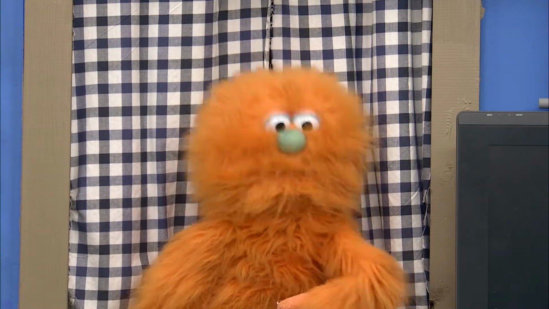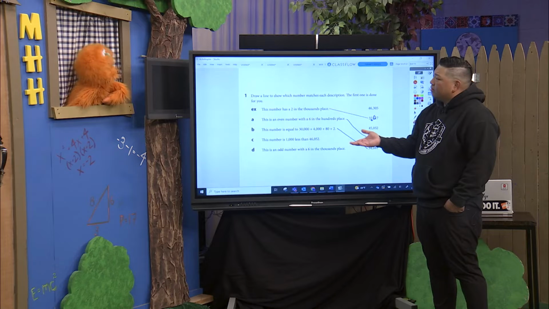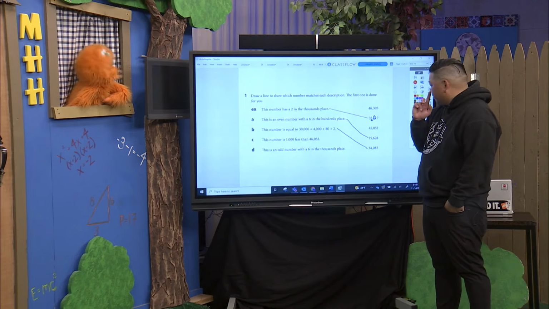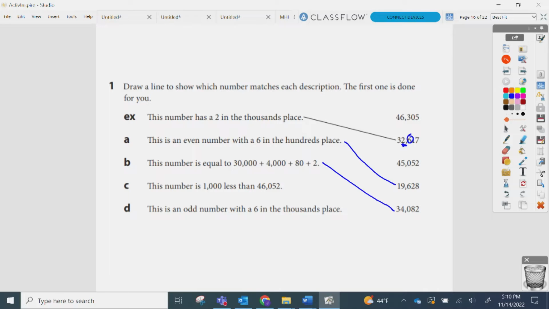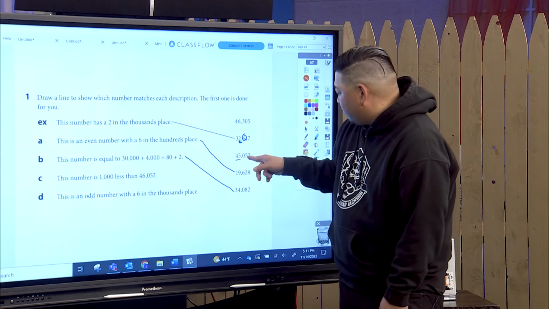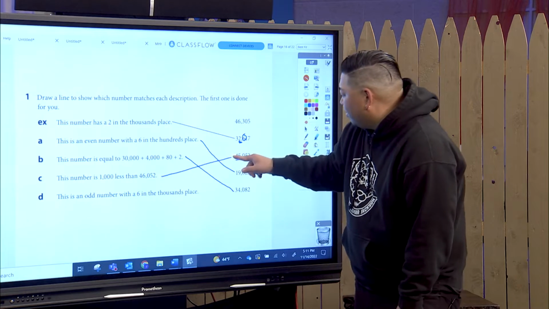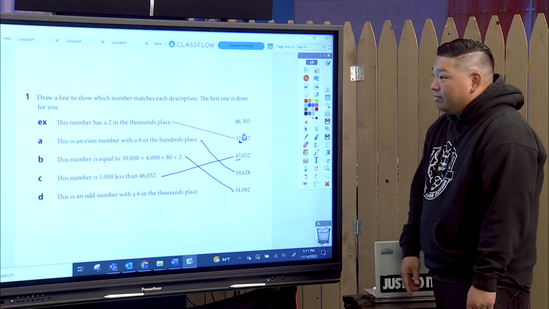We just have to think about that 6, which is in the thousands place, so 6 minus 1 is 5. So 45,000. The rest of the numbers should be the same as 52. So 1,000 less than 46,052 is 45,052. There it is. Awesome.